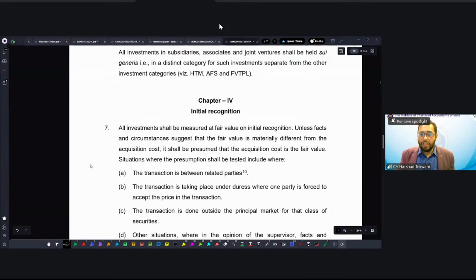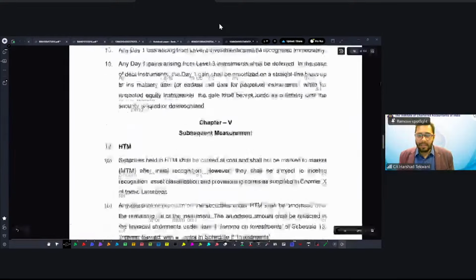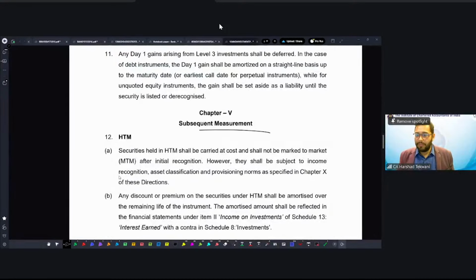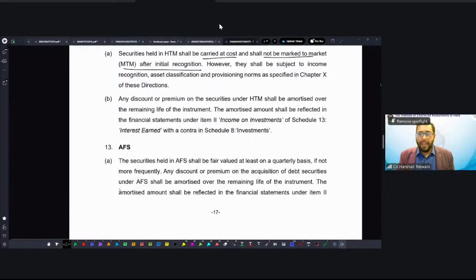There are criteria for both. For example, HTM shall be carried at cost and shall not be marked to market. M2M is not to be recognized after initial recognition. If there is any discount or premium on held to maturity securities, it is required to be amortized over the remaining life of the instrument.